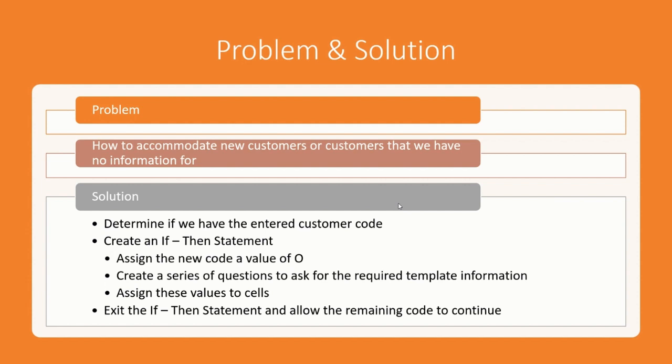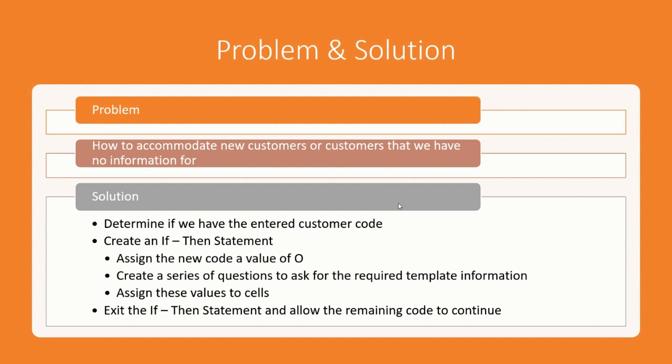So we're going to first create an if and then statement, and then we will assign a new code value of O depending on whether we have that specific customer code information.